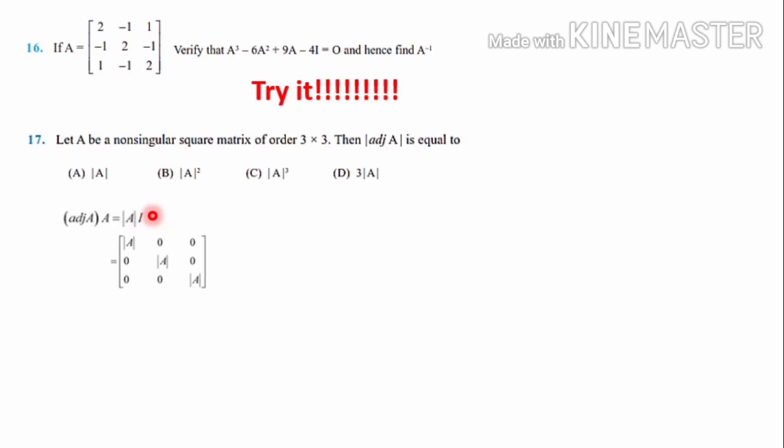So 1 0 0 0 1 0 0 0 1. So if I multiply determinant A with the identity matrix, I will get the matrix determinant A 0 0 0 determinant A 0 0 0 determinant A. Then if you take the determinant of the left side, that is determinant of adj A into A is equal to determinant of the matrix determinant A 0 0 0 determinant A 0 0 0 determinant A. Okay, all these elements here came in the determinant.